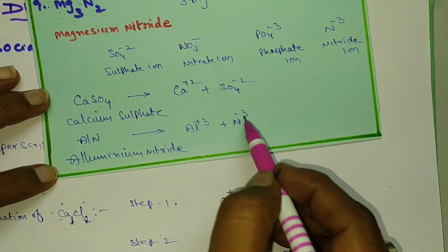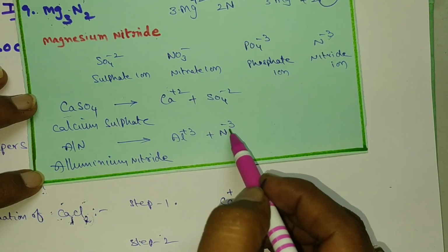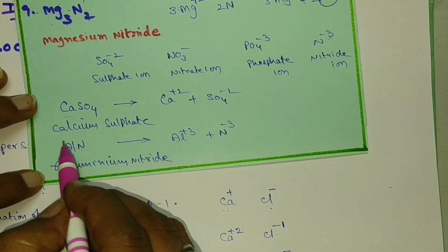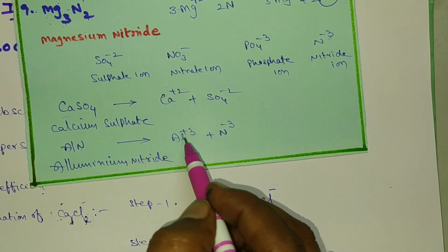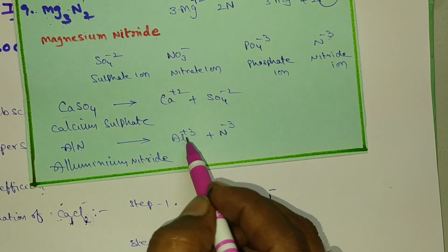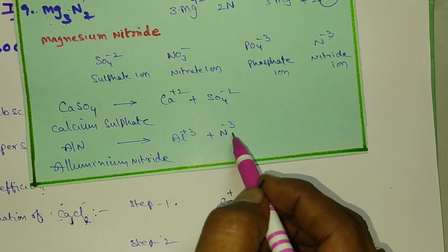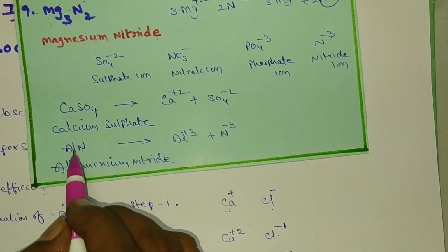Since the nitride ion possesses a minus 3 charge, nitrogen should possess minus 3 here. Aluminum belongs to the third group, so it possesses a positive charge, that is plus 3. Nitrogen possesses minus 3, since the charge on the total molecule should be neutral.